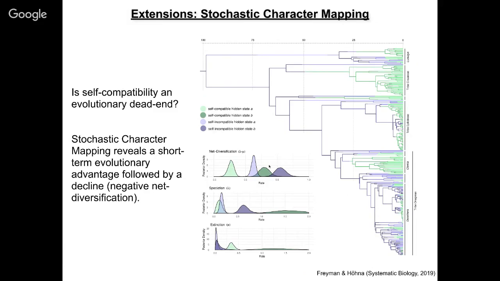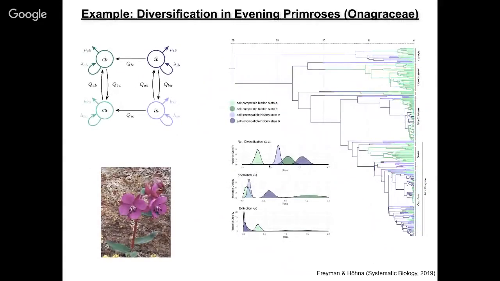And once we have calculated the most probable character state and diversification rate category on the branches of this phylogeny, then we can see what rate changes there are and from which to which other character they have been happening.